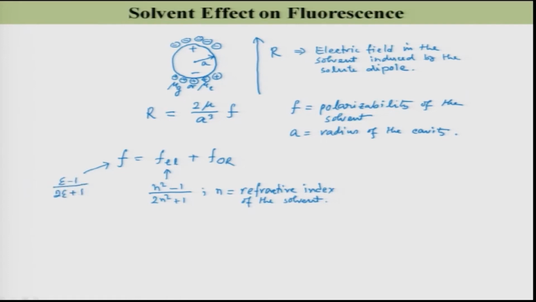So, eventually F_OR is (epsilon minus 1) by (twice epsilon plus 1) minus (n squared minus 1) by (twice n squared plus 1), where epsilon is the dielectric constant of the solvent medium. Let us take this for granted, because I am not going to show in detail how these come about.